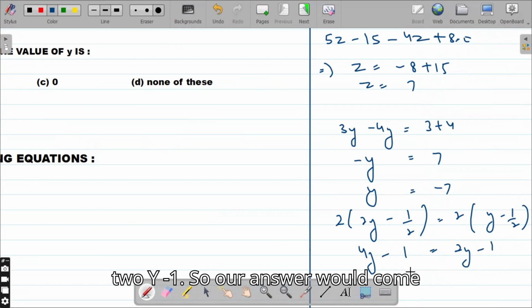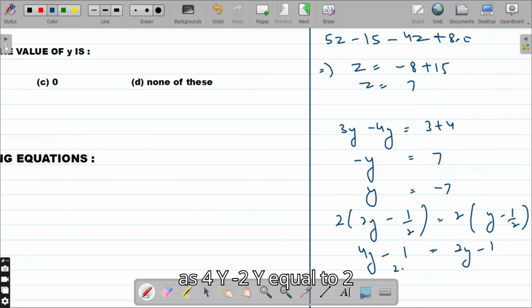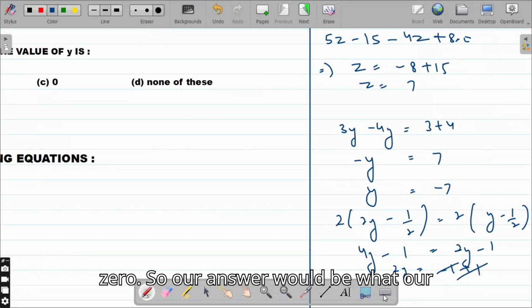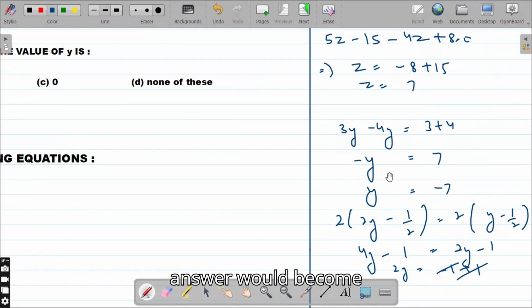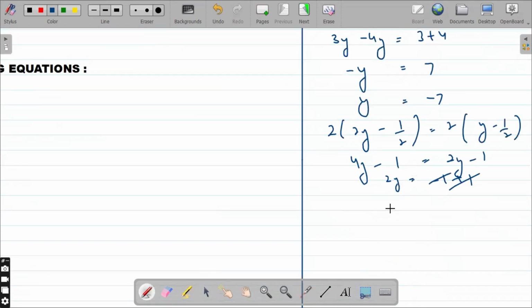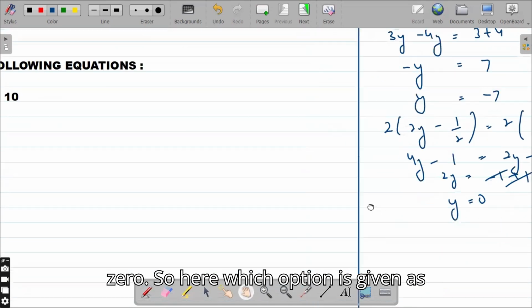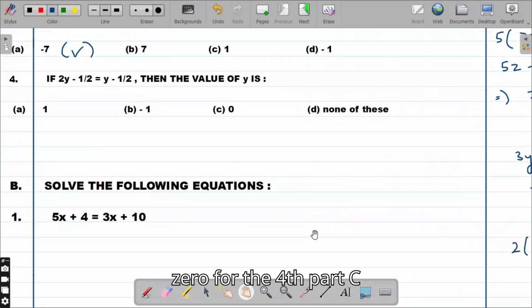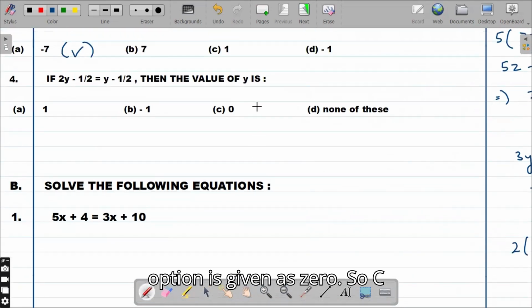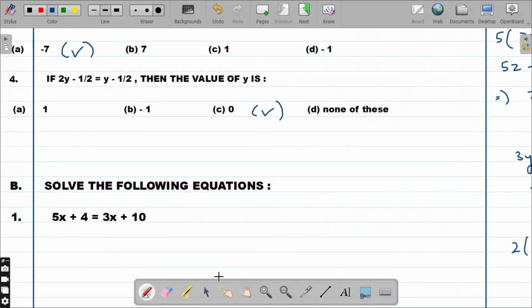So 4y minus 2y equal to 2y minus 1, and plus 1 will become 0. So our answer would become 0. So y would become 0. Which option is given as 0? For the fourth part, C option is given as 0. So C is the answer.